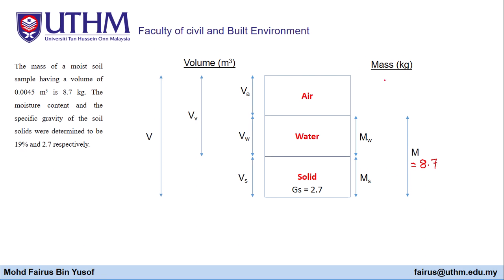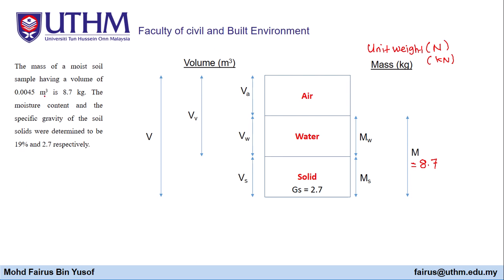And the unit here, we have to use mass because the given data is in kilogram. We can also use unit weight when the given data is in Newton or in kilo Newton.